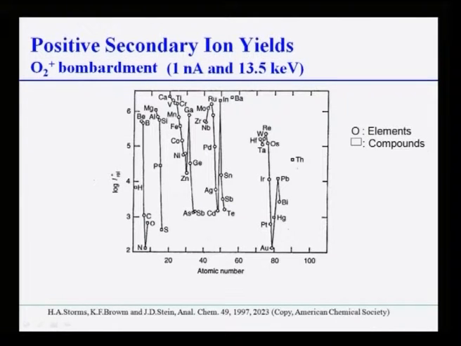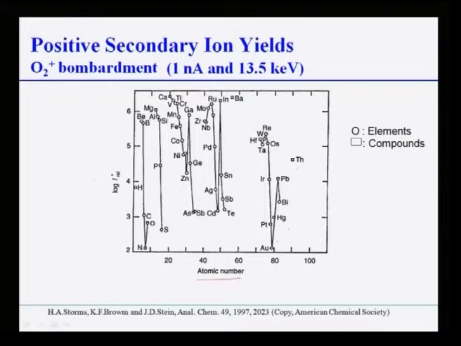Well, obviously, as I said, O2 plus, O minus, O2 minus ions are used. If you use that as a primary ion, we can actually create secondary ions. So, positive secondary ion yields when you have O2 plus bombardment is plotted here as a function of atomic number. For elements like nitrogen, sulfur, tellurium, gold, platinum, the yield is very low.